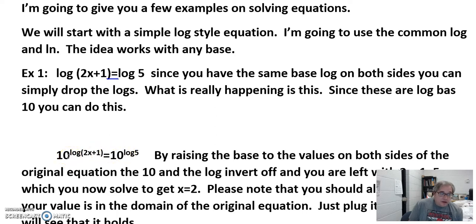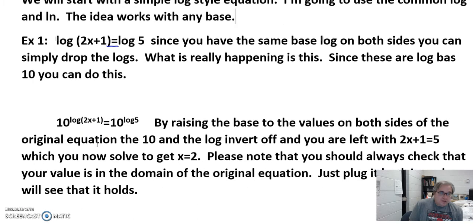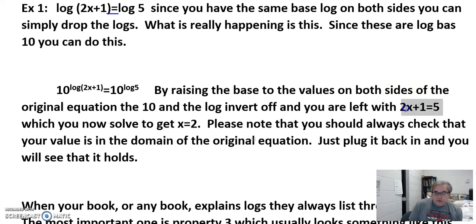But when I look at log base 10 and 10, these are inverses of each other, and they invert off. And what happens is I'm left with basically 2x plus 1 is equal to 5. And when I solve that, just straight up solving, subtract 1, divide by 2, I get x is equal to 2. And you can plug it back in and check it, but that's one way of solving logs.